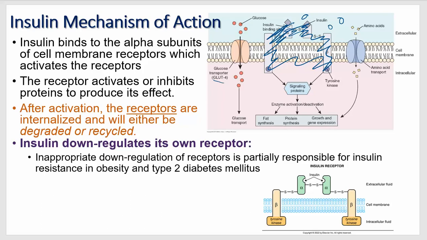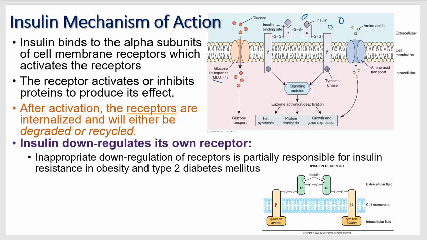Okay, so it may be downregulated and it may stay downregulated. Why that happens, nobody knows, but that is one mechanism for type 2 diabetes. Another is that some of these internal mechanisms aren't working, particularly the one that puts this transporter into the membrane. Okay, we're kind of jumping ahead of ourselves here.